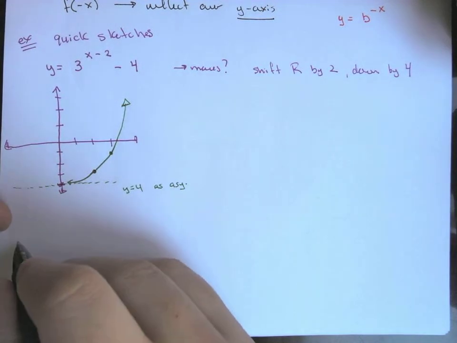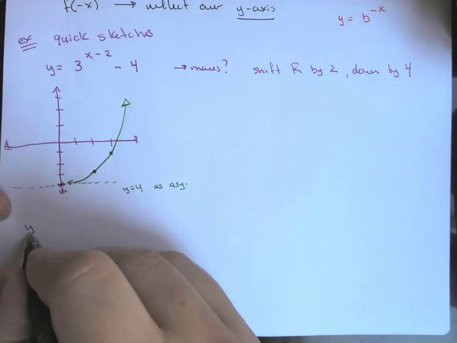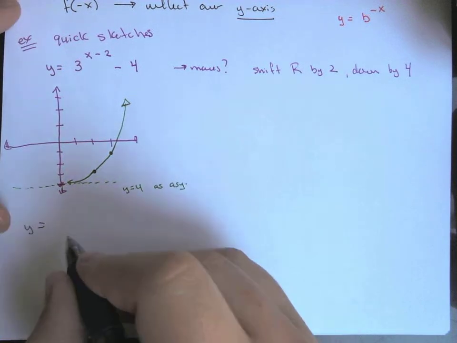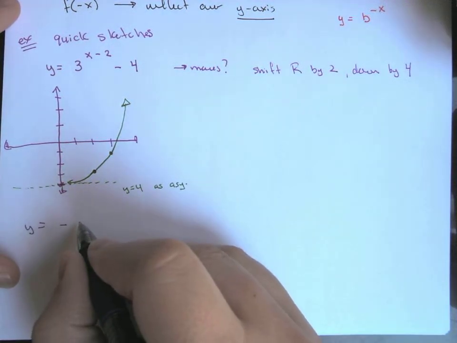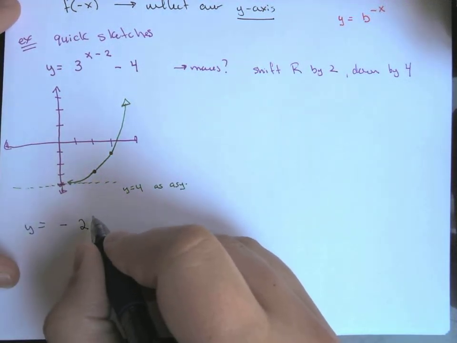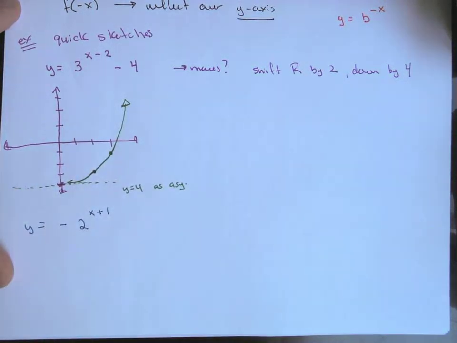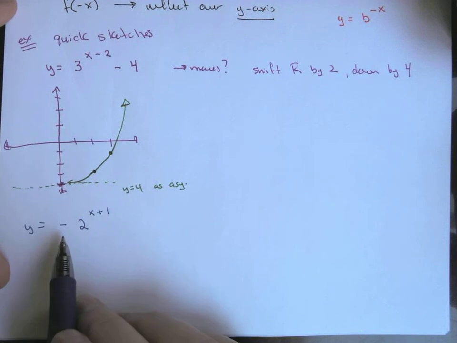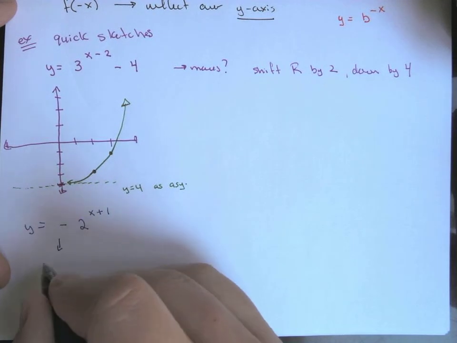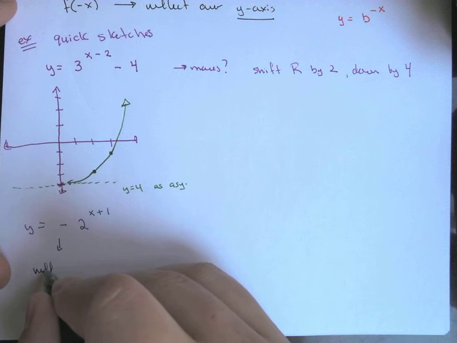Let's do y equals negative 2 to the x plus 1. So something a little bit simpler. This is a negative in front of the graph, so that's going to be a reflect.